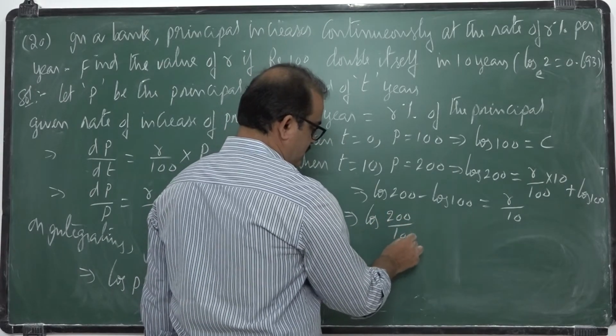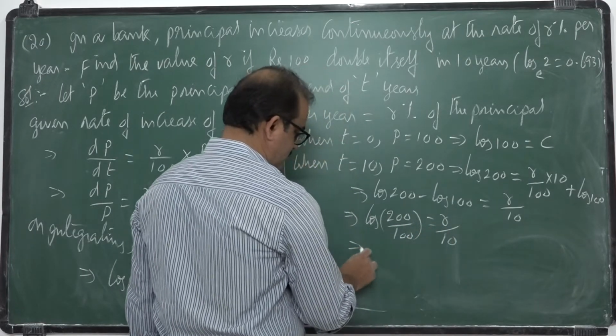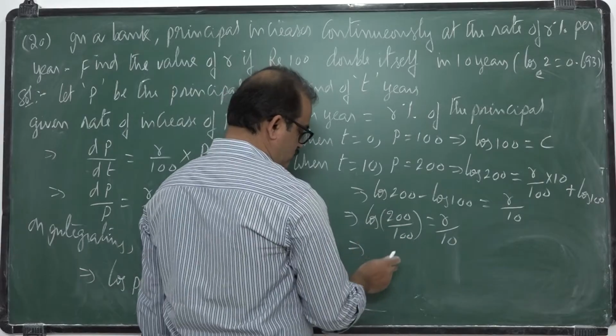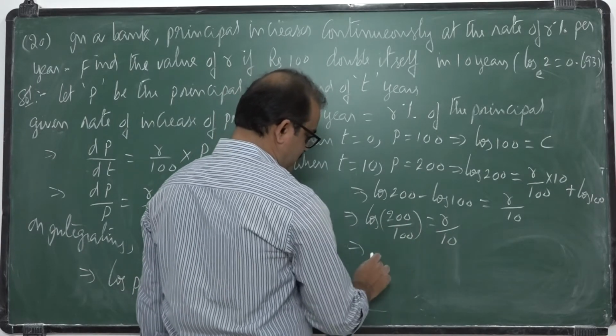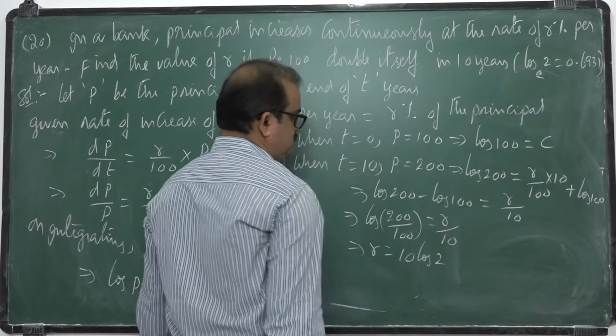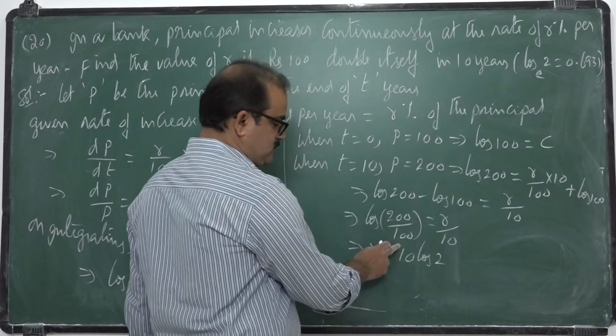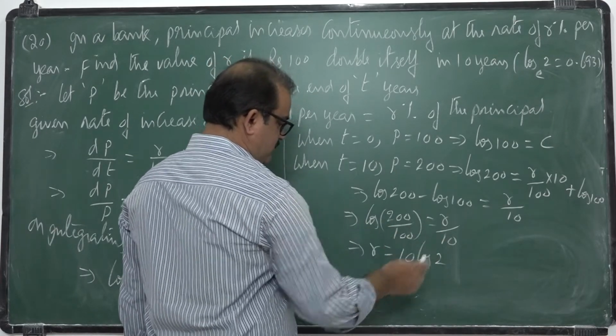Log of 200 by 100 is equal to r by 10. 200 by 100 is 2. Log 2 is equal to r by 10. On cross multiplying, r is equal to 10 into log 2.